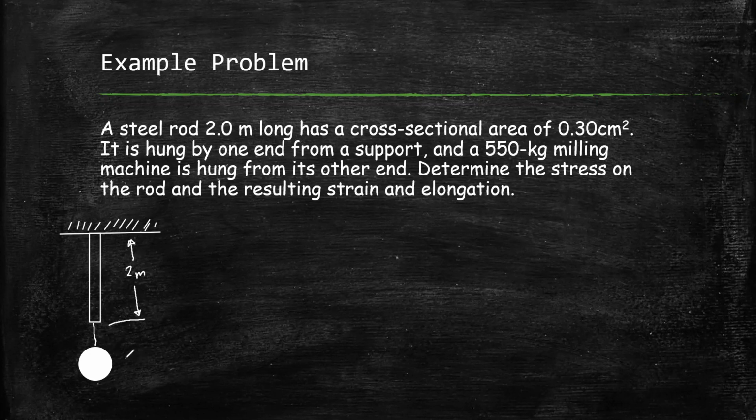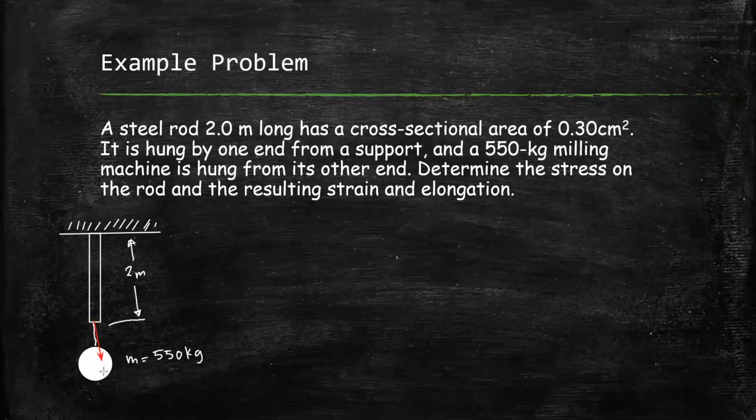And the milling machine has a mass of 550 kilograms. So the force exerted in this problem is directed downward. So we have now the force, which is the weight of the milling machine. And we have to determine the stress and the resulting strain and elongation.